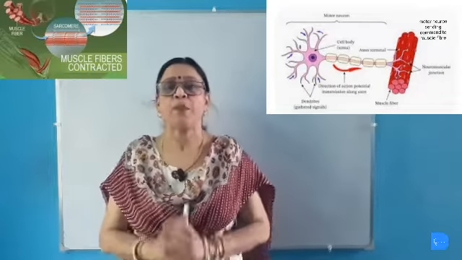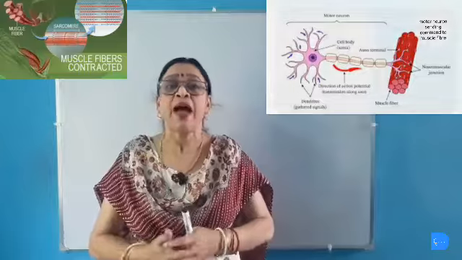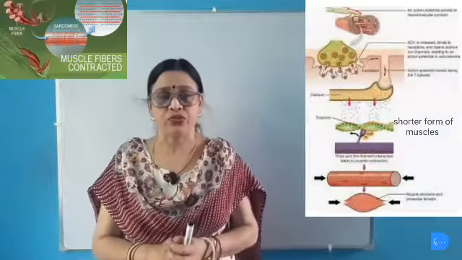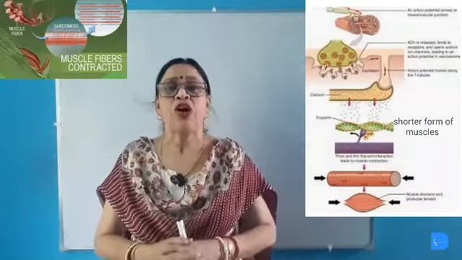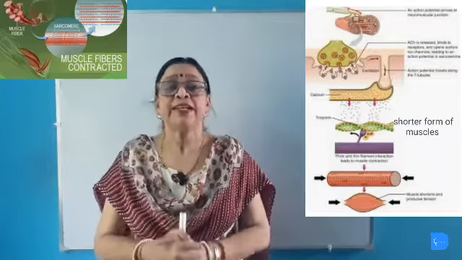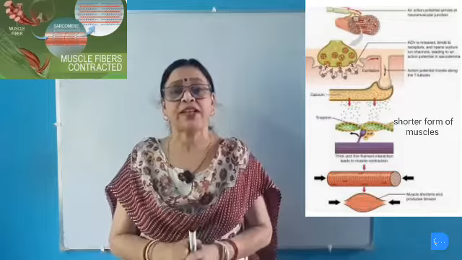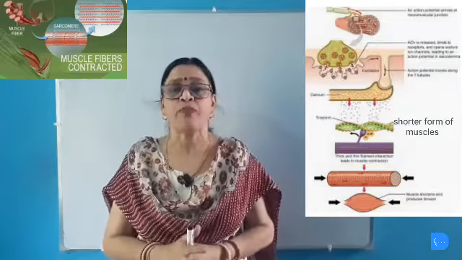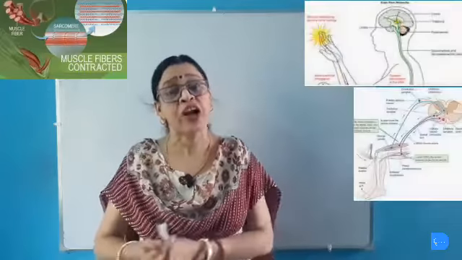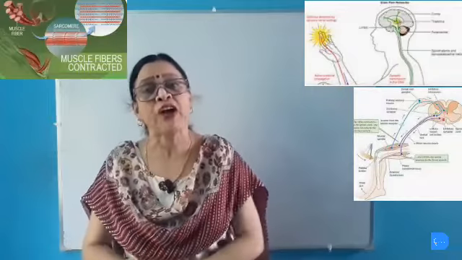Muscle cells have a special type of protein which can change the shape as well as the arrangement of the muscle tissues. When they get the output signal from brain or spinal cord, then a new arrangement of the muscle cells takes place, and this new arrangement gives the muscle cells a shorter form. Thus it is seen that the muscle cells are moving away or pulling away or running away from the source of the stimulus.